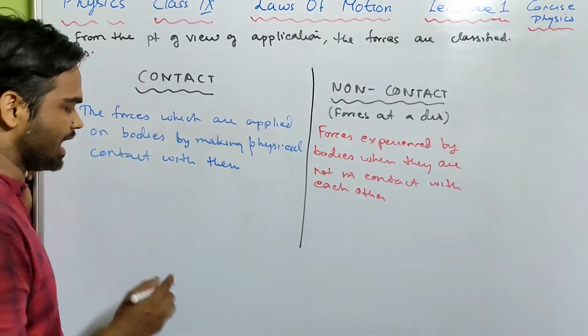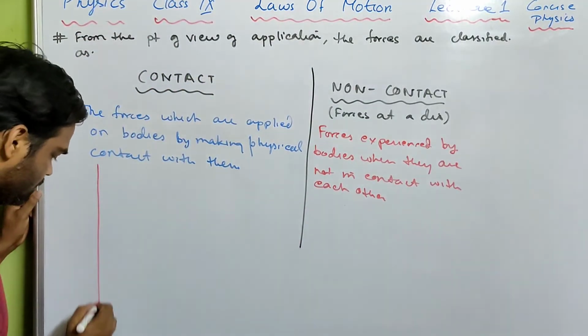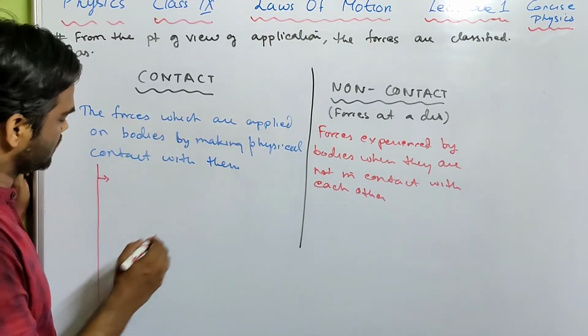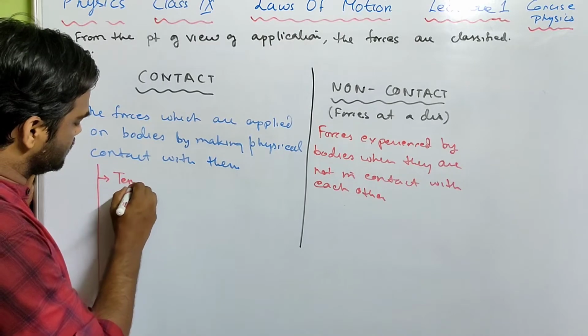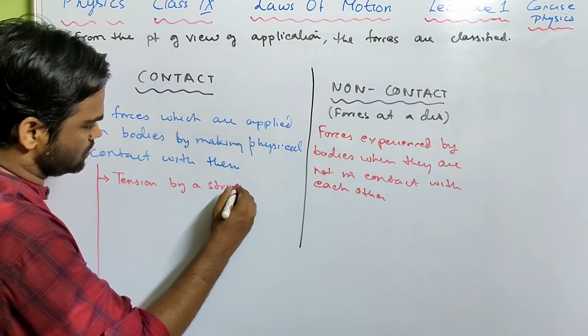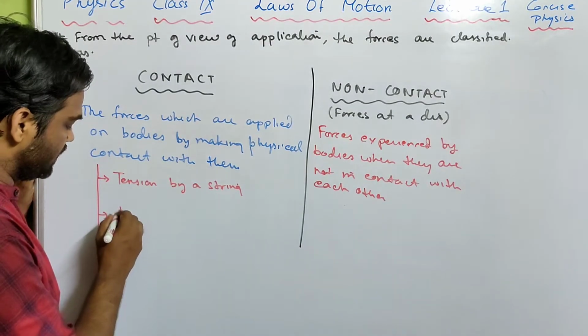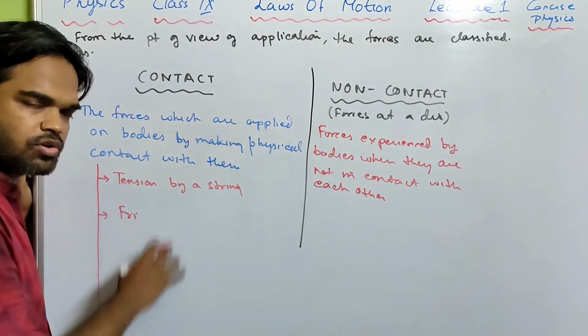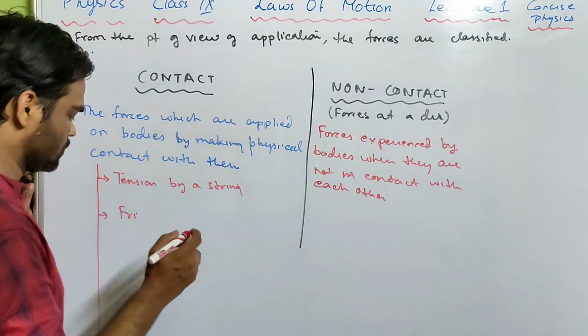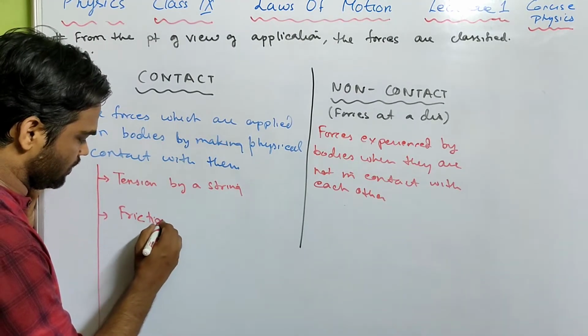Now when you talk about contact forces, we have different types. First is tension by a string, that's a force. Frictional force, these are all examples of contact forces. We'll do this one by one.